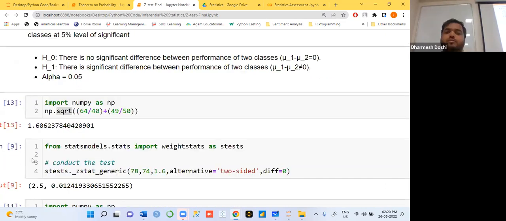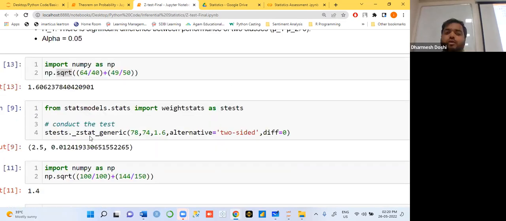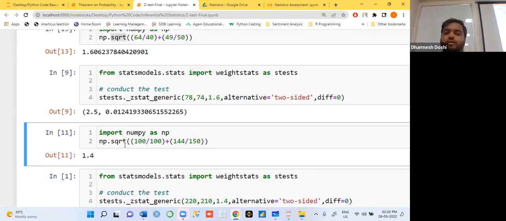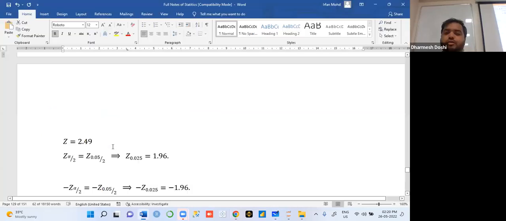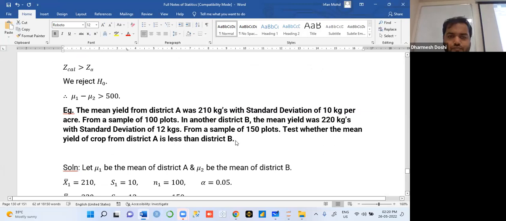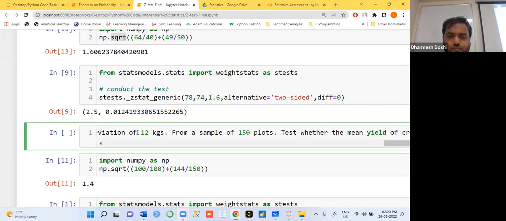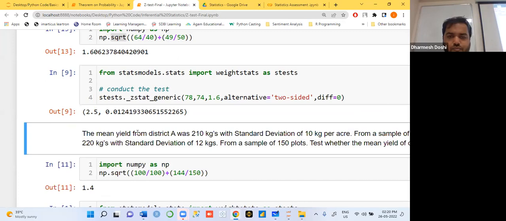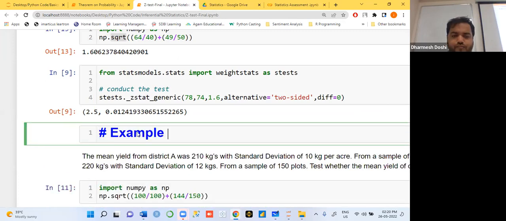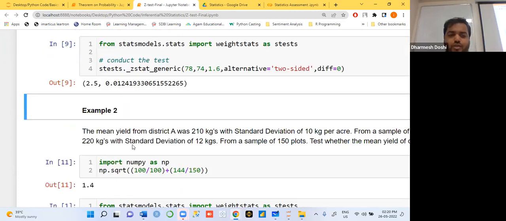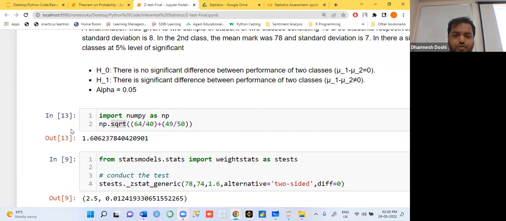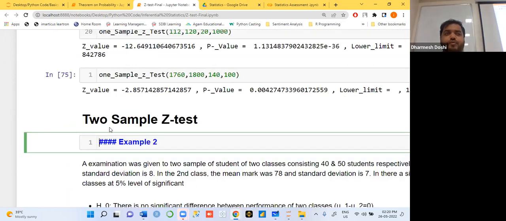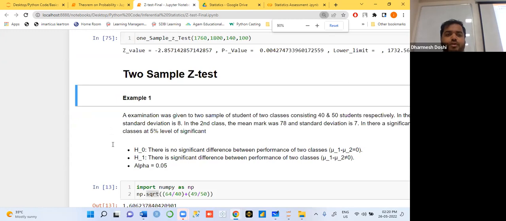Now, what second example have we solved for this? The second example we have taken. This was the second example. This was your first example. First example, second example.